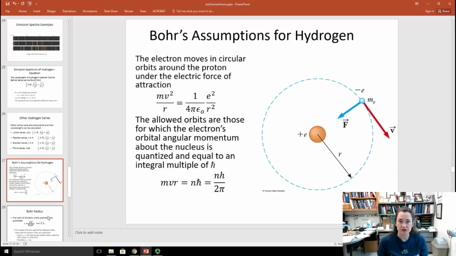But it doesn't do that for certain radii. The radii where that does not happen are the ones where the angular momentum of the electron is quantized. Specifically, m v r is equal to n times h bar. Now he didn't really provide a very compelling explanation as to why this happened, but he did describe an equation that parameterized it.